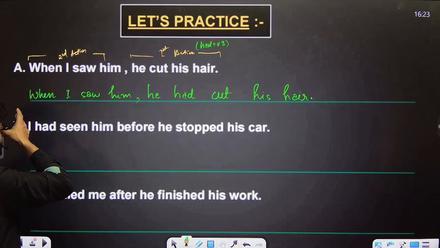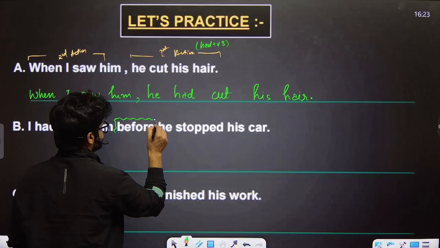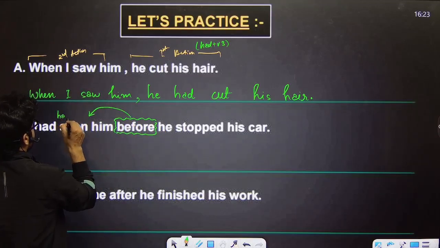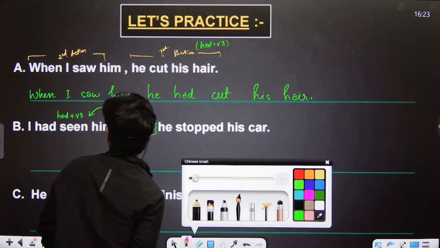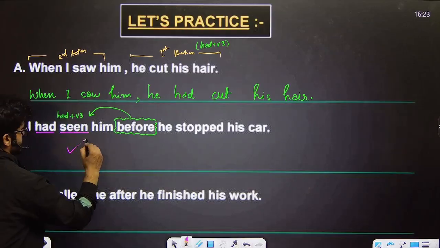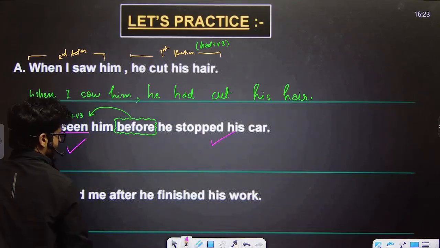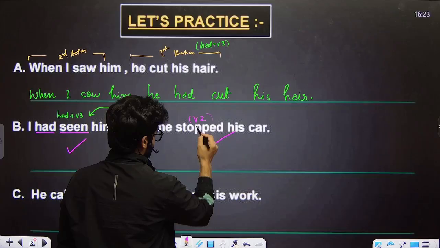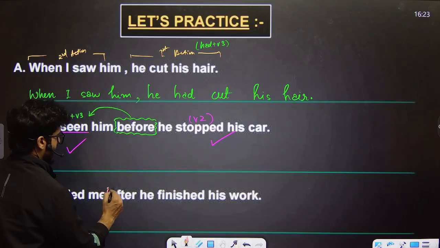What did I say? I have told you, if you are getting before, so before, se pehle, you are going to have had plus verb 3. Had plus verb 3. Is it correct? Yes, correct. Then after that, verb 2, he stopped his car. It is absolutely right. Got it? Past form. Next, he called me after.